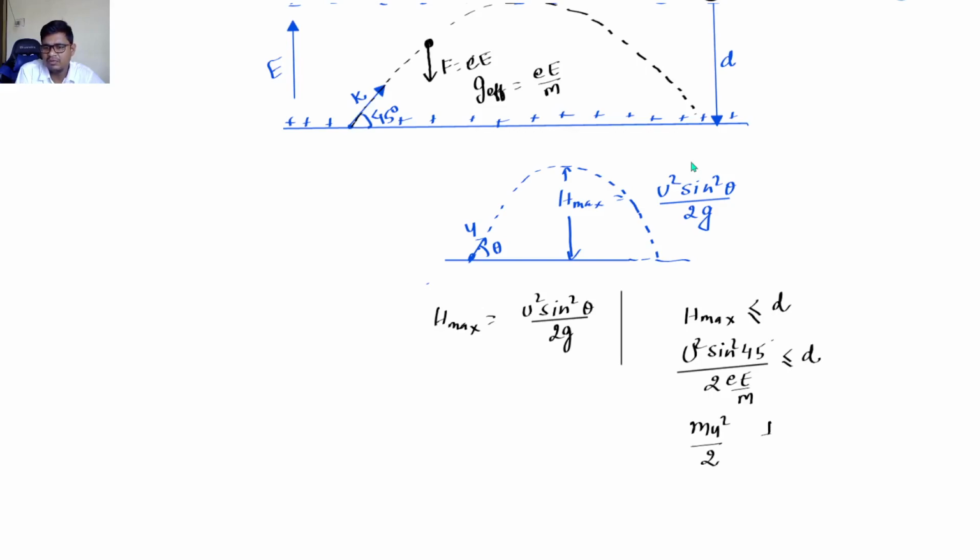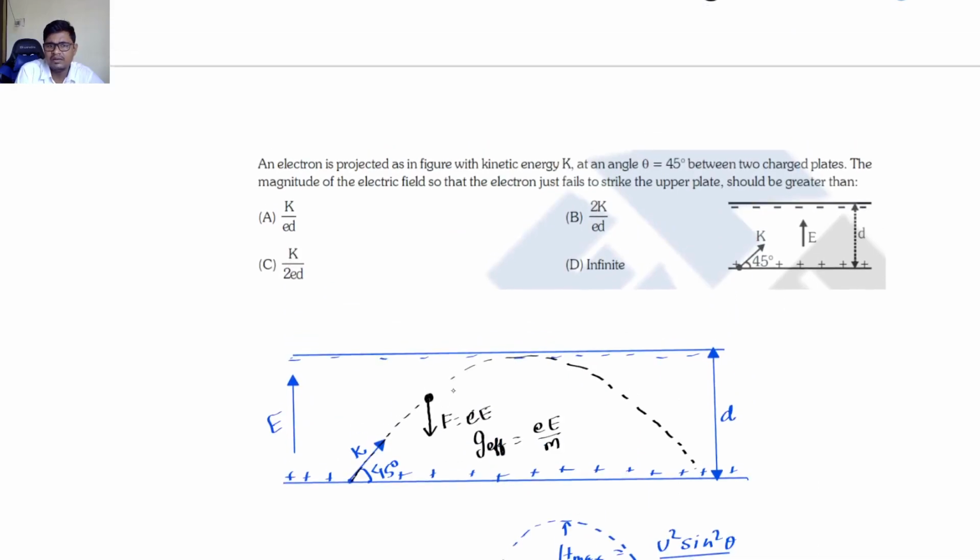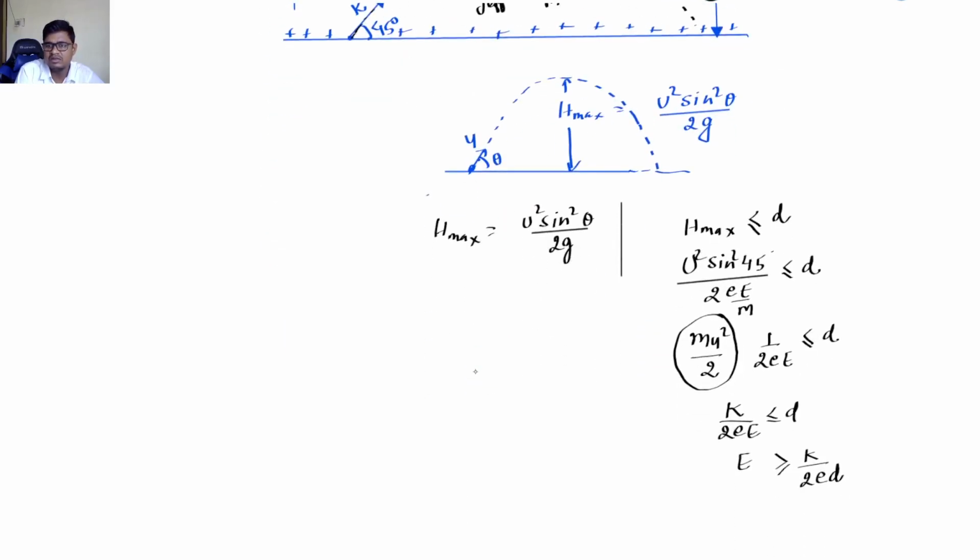Sin square 45 is 1 by 2, and then this is divided by eE, which should be less than or equal to D. Now m u square by 2 is your kinetic energy, so K by 2eE should be less than or equal to D. So you can say E should be greater than or equal to K by 2eD. So option C is the correct option here.